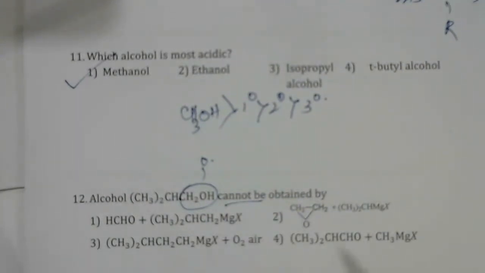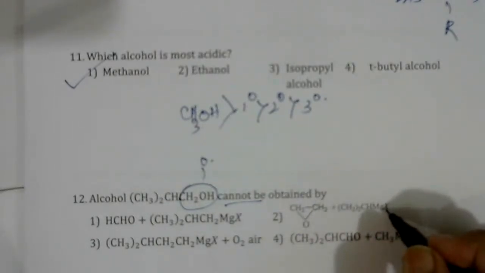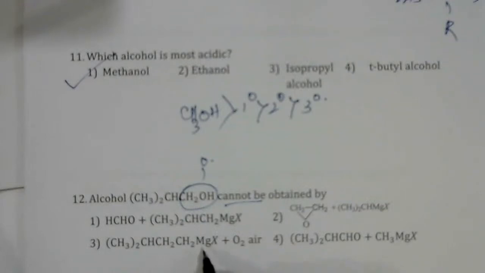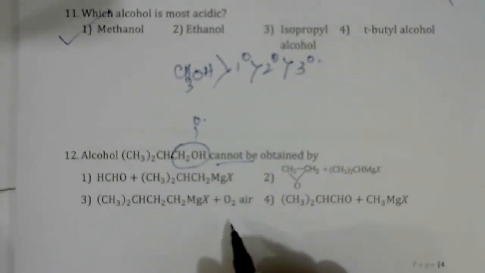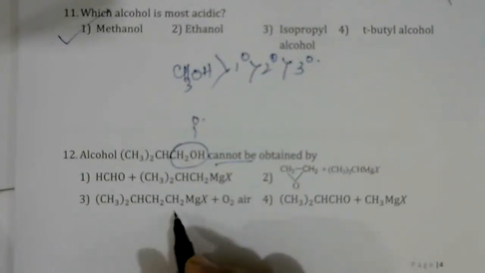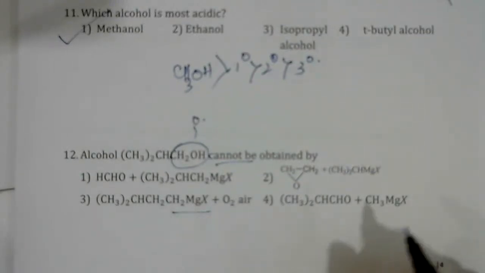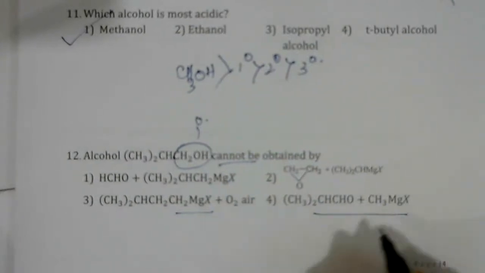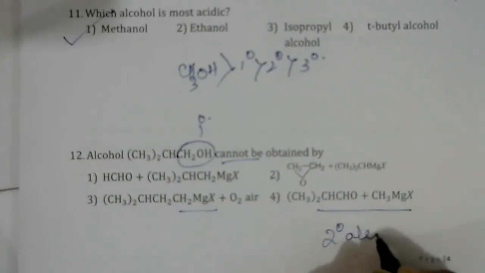Remember one thing, formaldehyde with Grignard reagent will produce primary alcohol. Even epoxide with Grignard reagent also produces primary alcohol. What they said over here is that magnesium halide with oxygen is converted into alkoxide, and on further hydrolysis, it will also give primary alcohol. But aldehydes other than formaldehyde with Grignard reagent produce secondary alcohol.